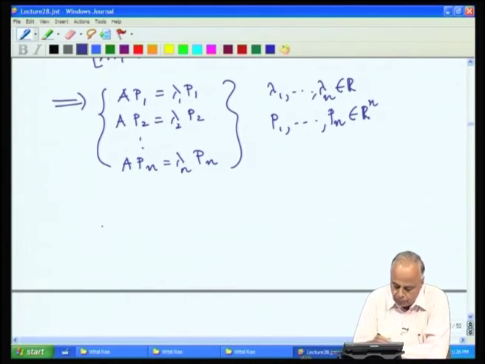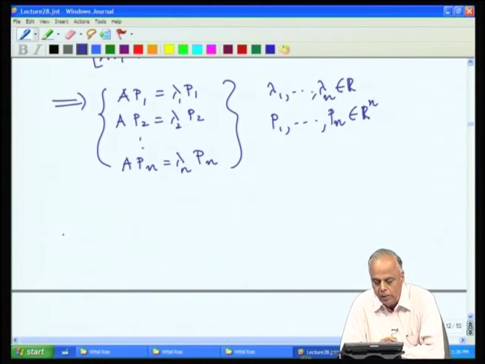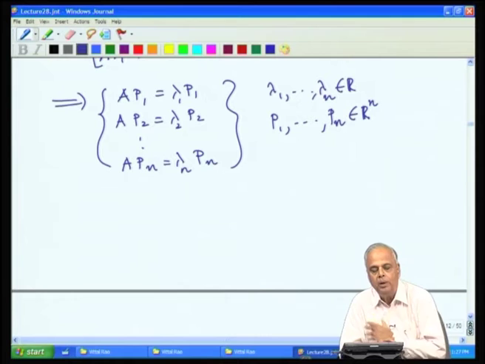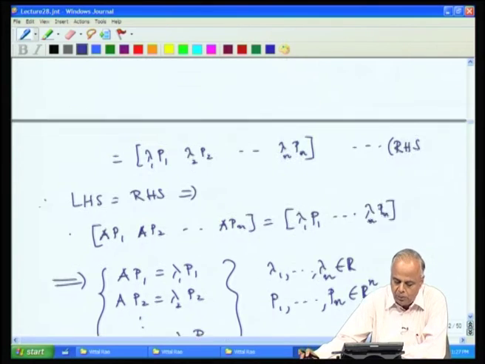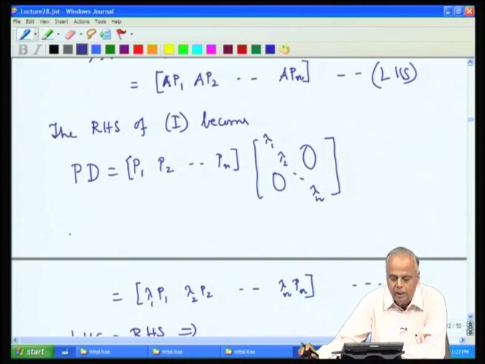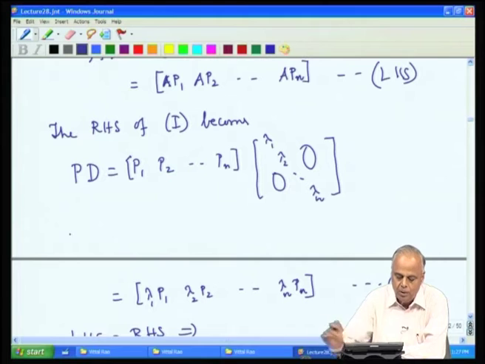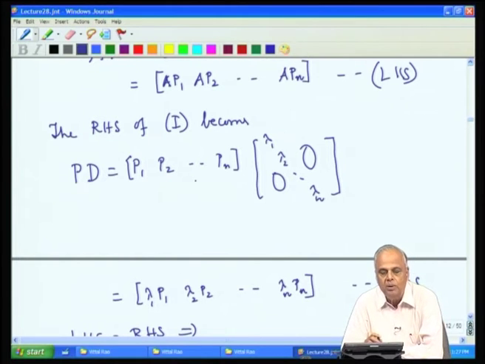Now, therefore, we have found n scalars lambda 1, lambda 2, lambda n and n vectors P 1, P 2, P n such that A P 1 is lambda 1 P 1 and so on and so forth. Not only that, these vectors P 1, P 2, P n must be linearly independent because they form the columns of an invertible matrix. Therefore, the rank must be n.